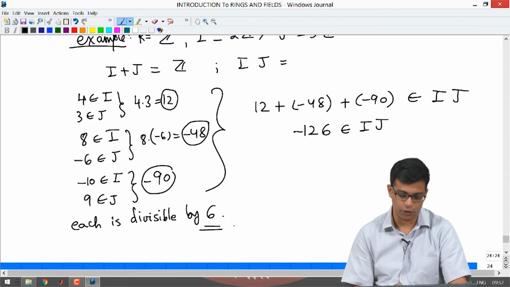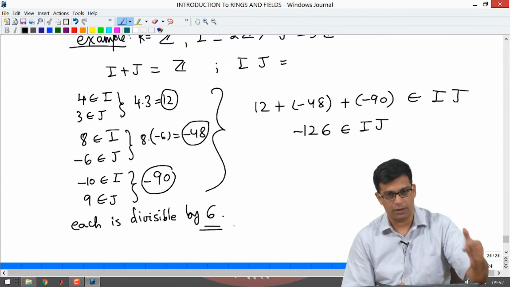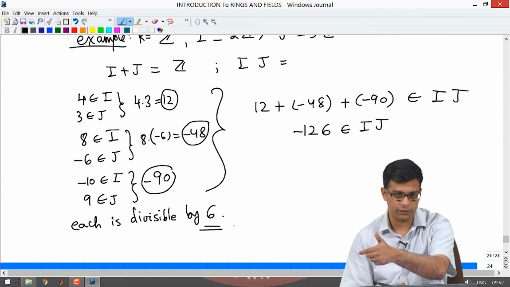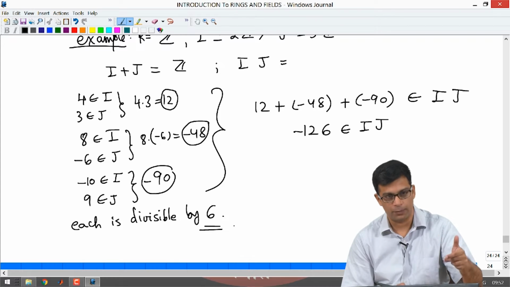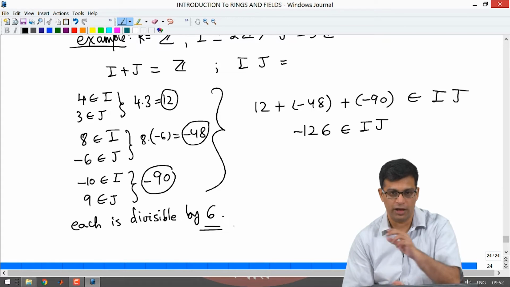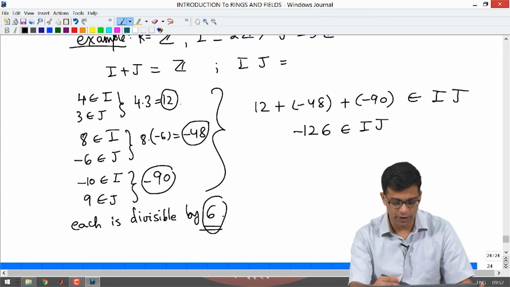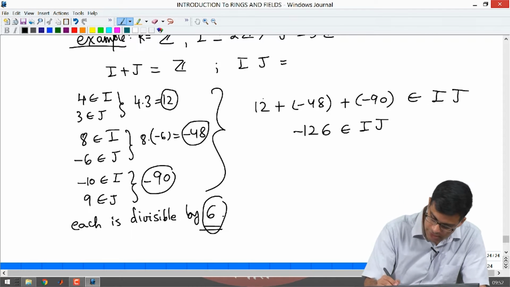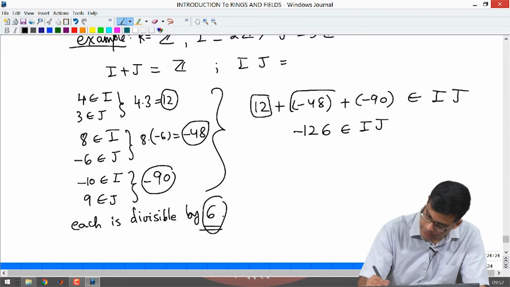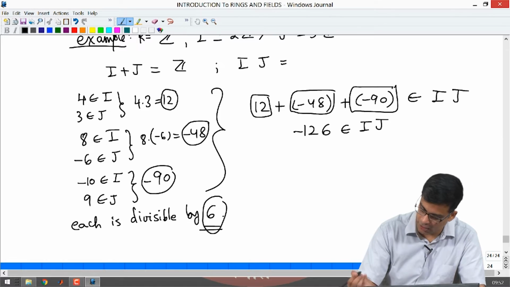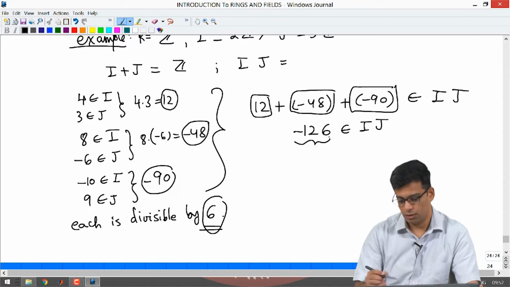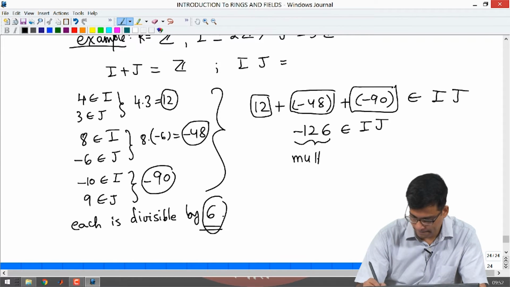That is easy if you think about this, because something coming from 2Z, another thing coming from 3Z. So, that means something is a multiple of 2, another thing is a multiple of 3, their product is a multiple of 6. So, everything is a multiple of 6. So, this is a multiple of 6, this is a multiple of 6, this is a multiple of 6, obviously the sum is a multiple of 6.